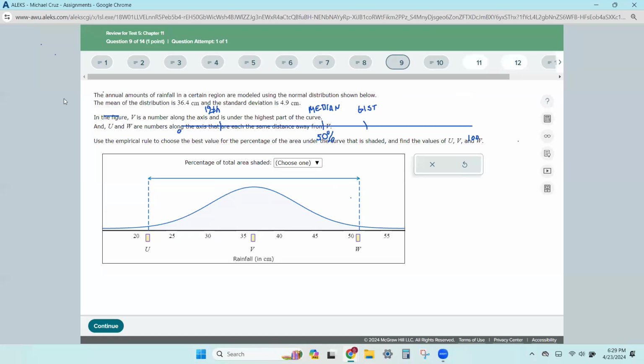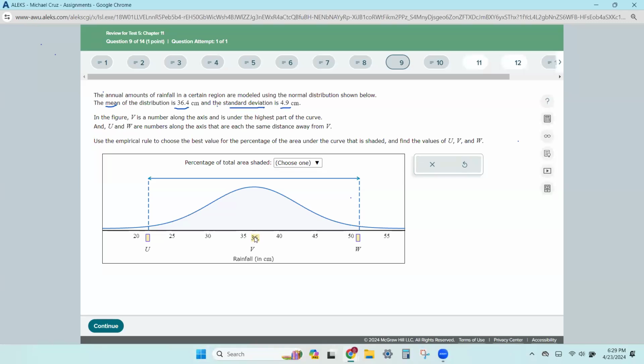All right, so we got some information that are giving us this here. So we've got the mean is 36.4, standard deviation is 4.9. Now, for normally distributed data, the mean and the median and the mode are all right here in the middle.